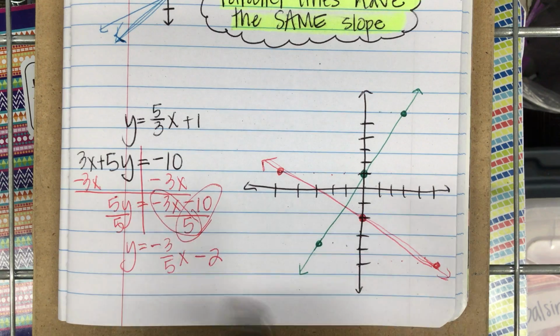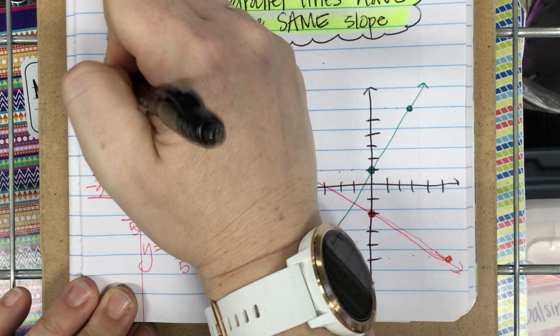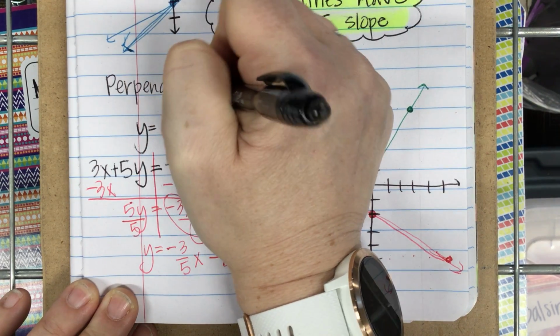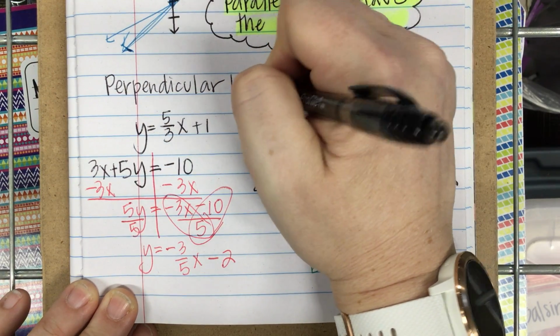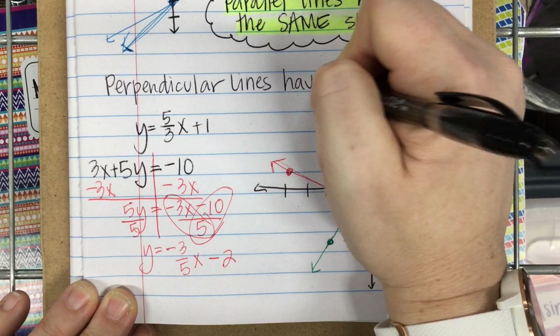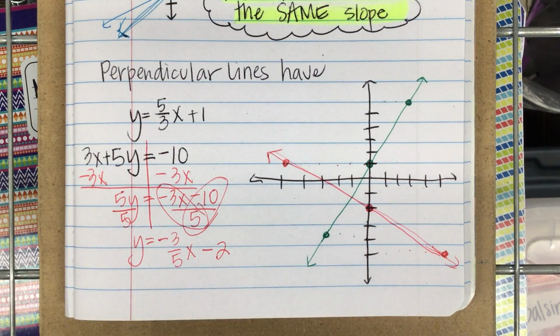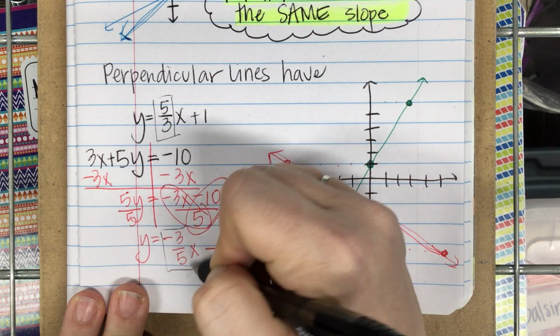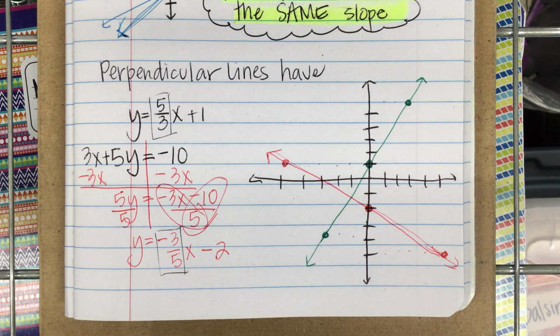So the perpendicular slope, perpendicular slopes have what? How could you describe the relationship between these slopes?